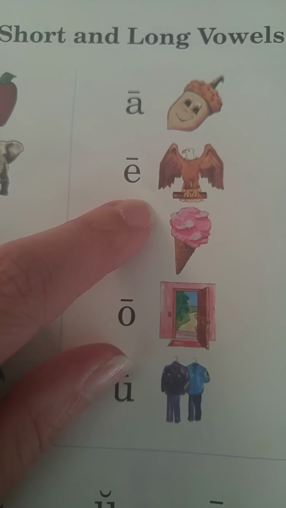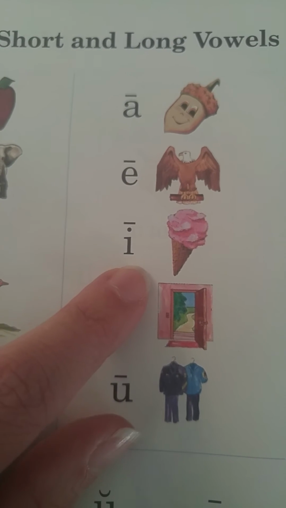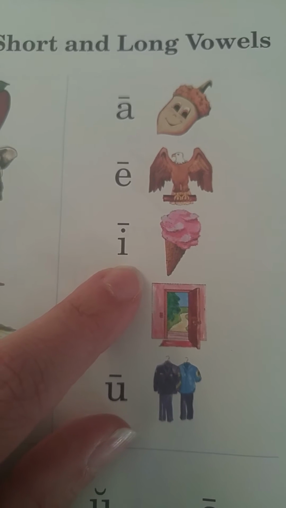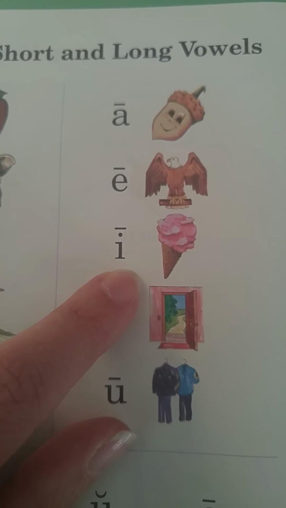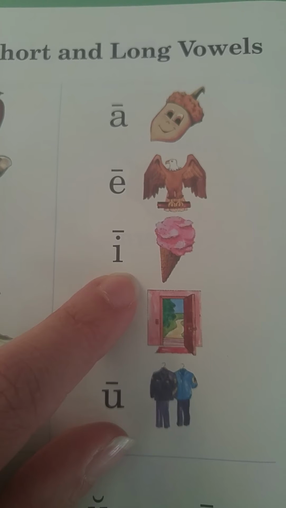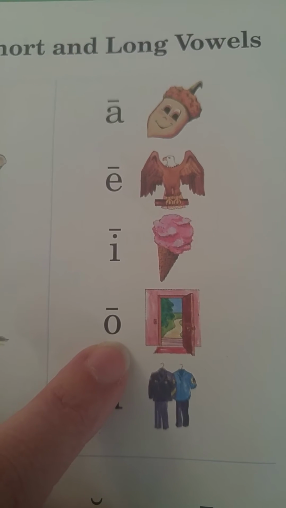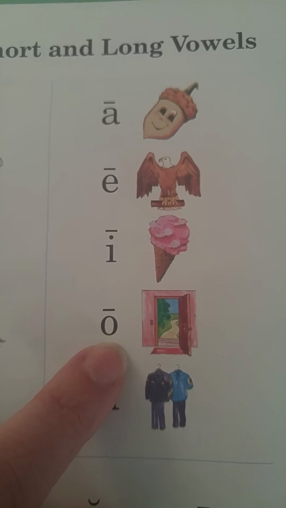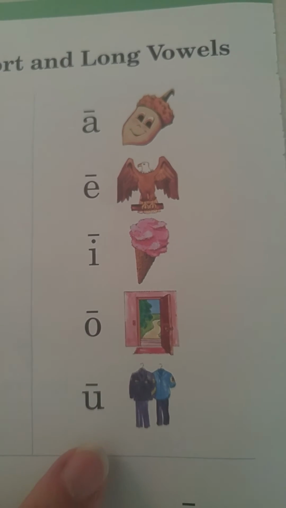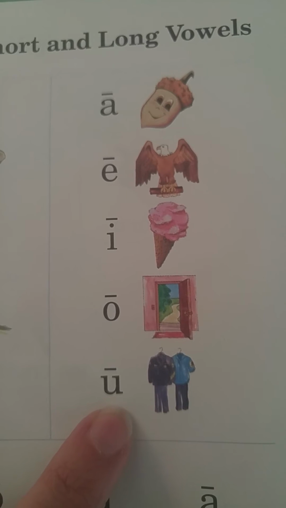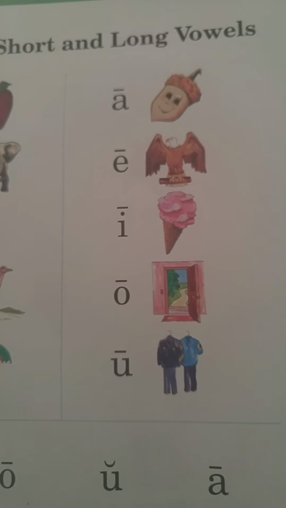I says I as in ice cream. O says O as in open. U says U as in uniform.